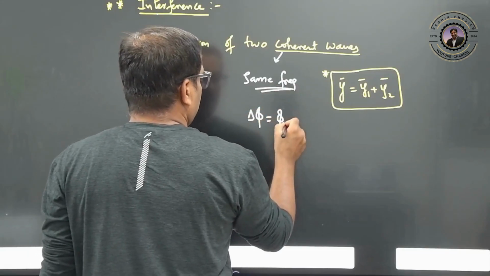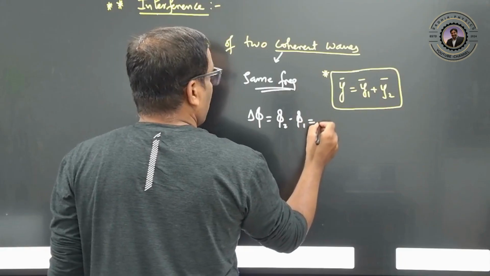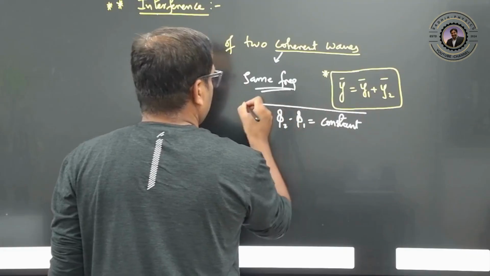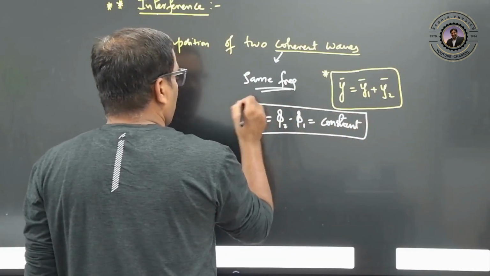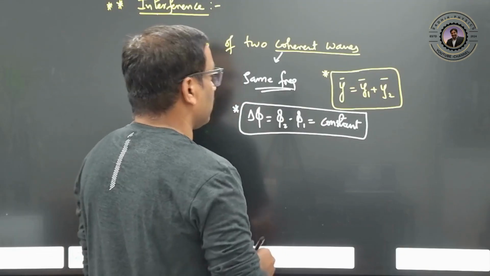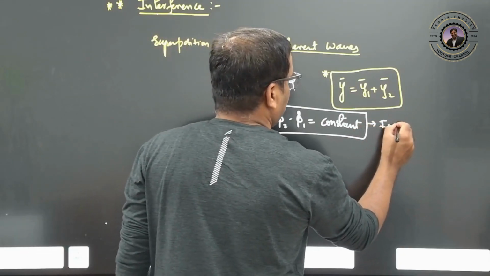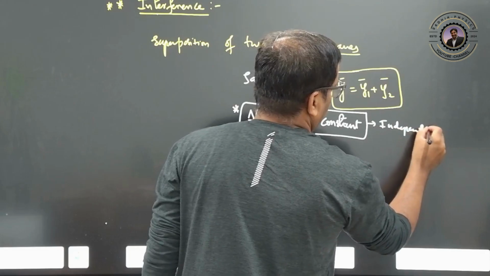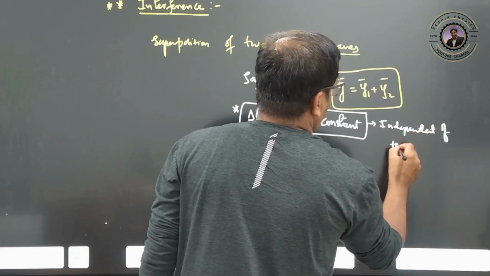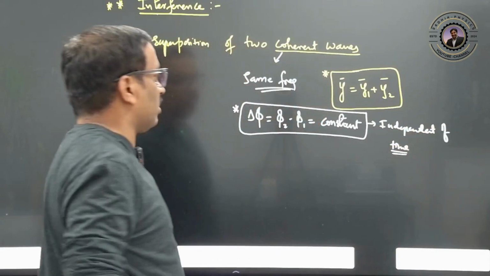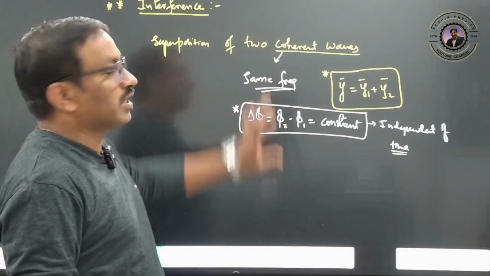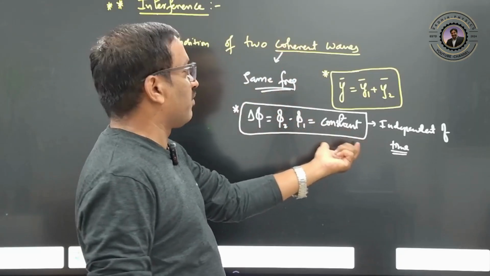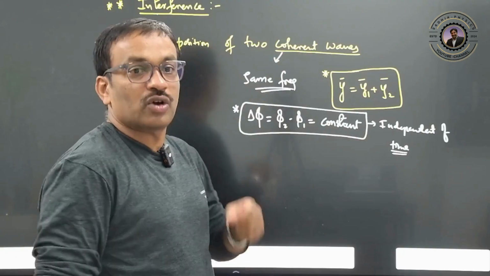The phase difference should always be constant and should not depend upon time. It should be independent of time. So two waves having the same frequency and a constant phase difference are said to be coherent waves.